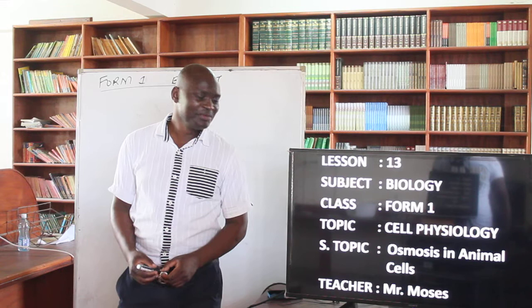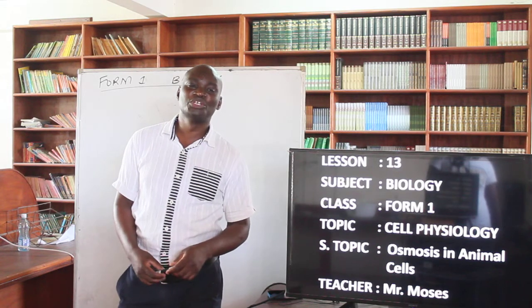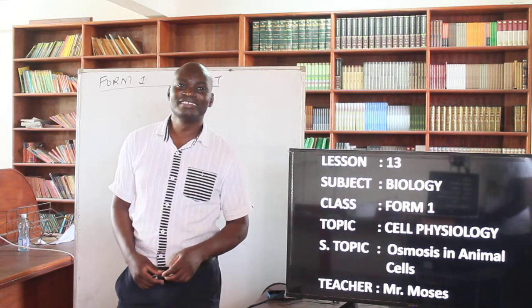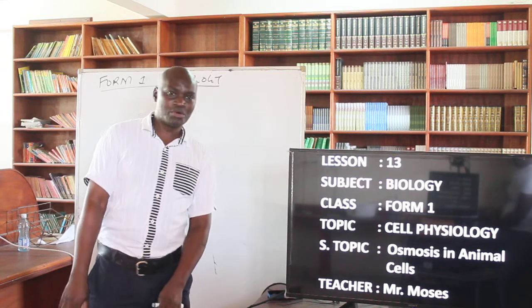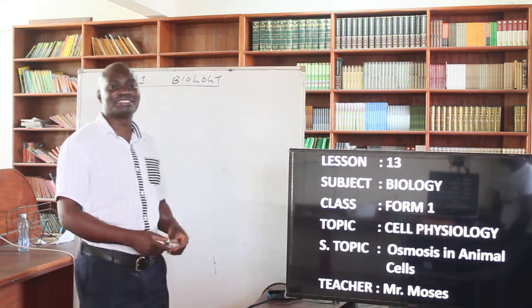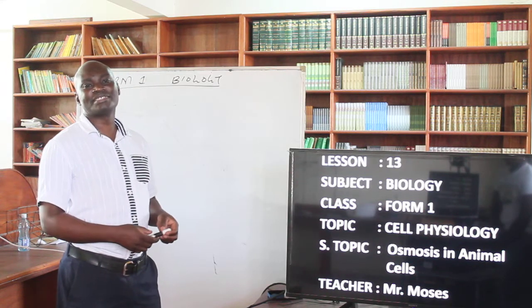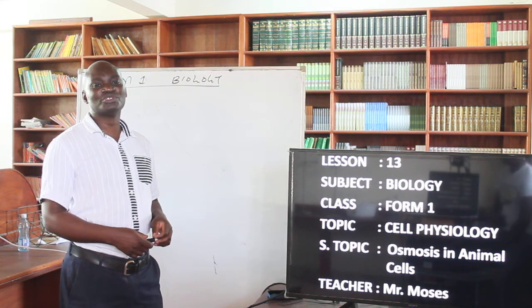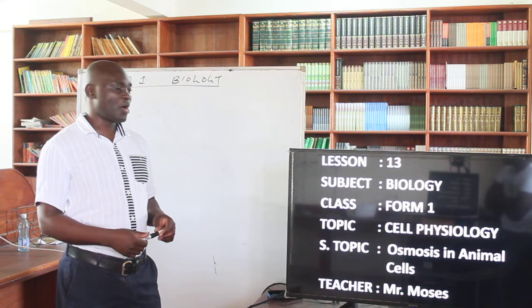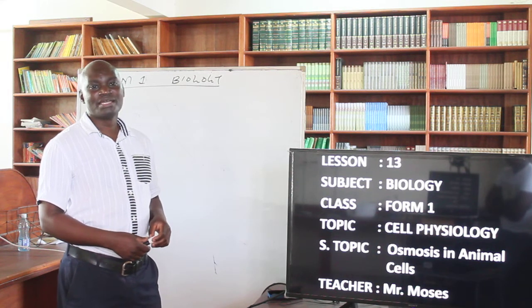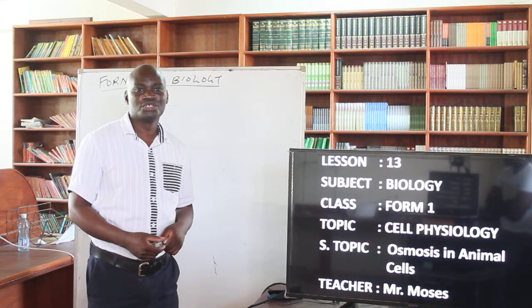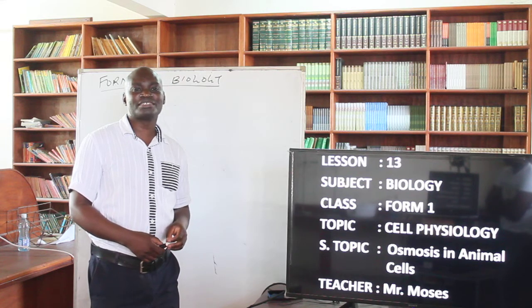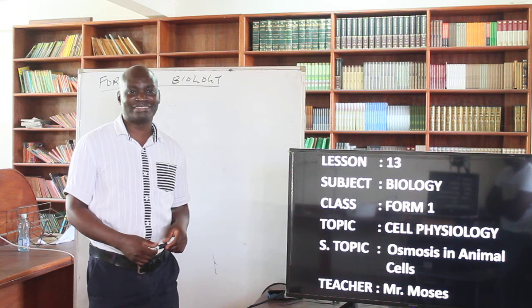Today we are still dealing with our topic, cell physiology, the 13th lesson in this series. Now, we had covered osmosis. We had looked at an experiment dealing with osmosis, 2 experiments. And before we look at other experiments, today we are going to look at osmosis in animal cells.